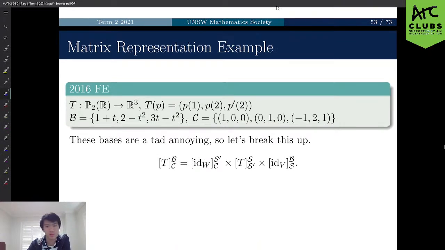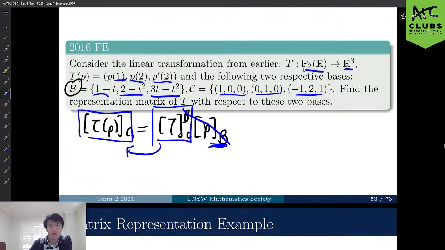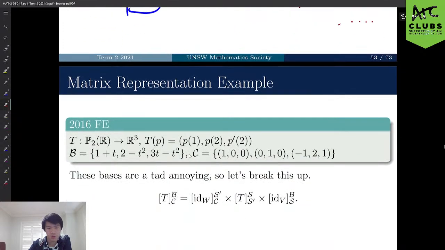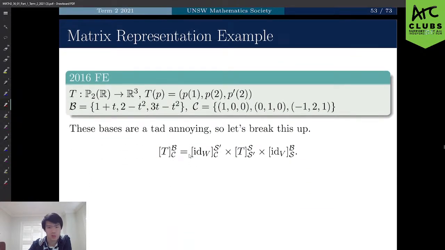What we might be asked to do with the direct method is we'll go down our basis in the domain. We'll do T of 1 plus t, and we'll take it with respect to basis C. Then we'll do T of 2 minus t squared with respect to basis C, and so on. We'd rather not do that because it's a bit annoying to take basis vectors. So instead we'll just try to break it up into steps.